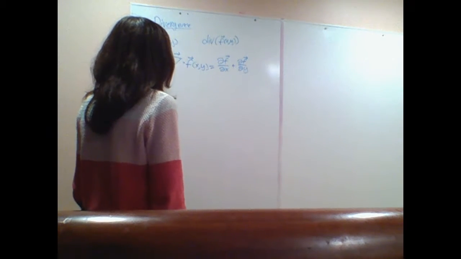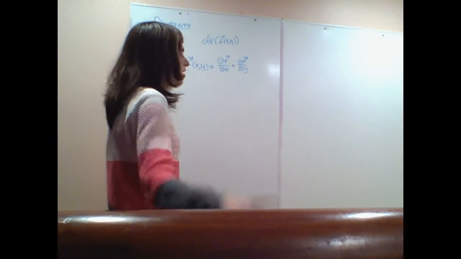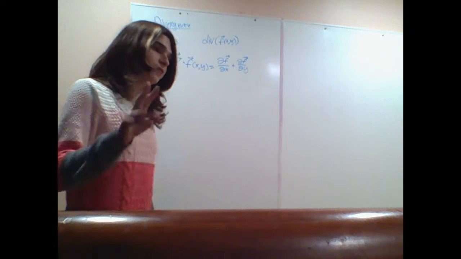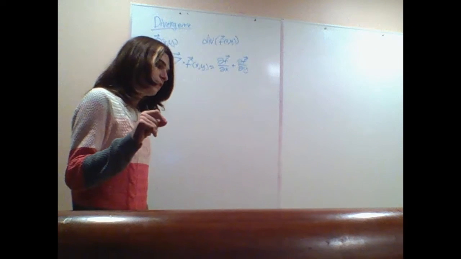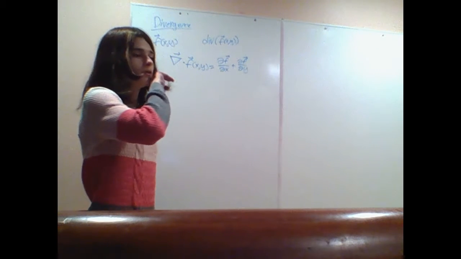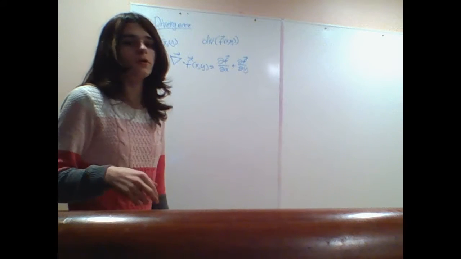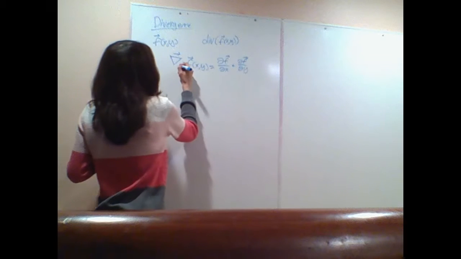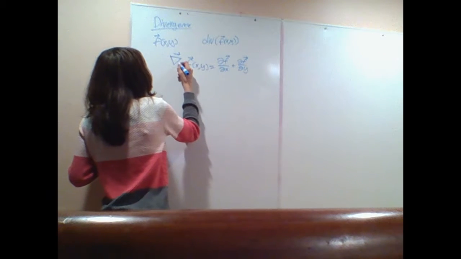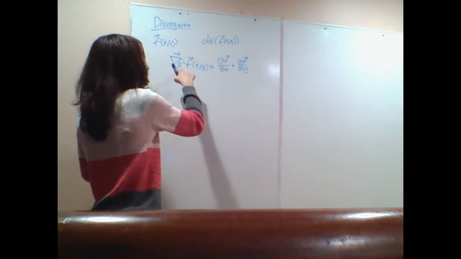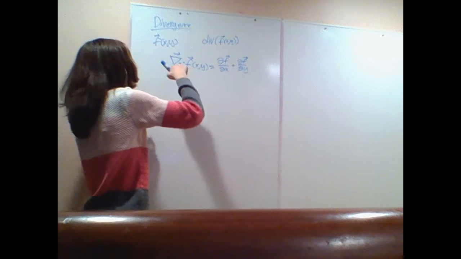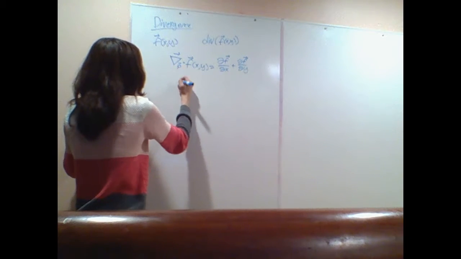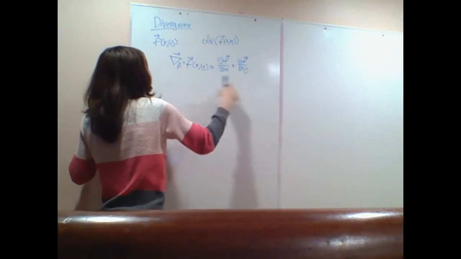And there was something I forgot to mention. Before we move on, there was something I forgot to mention in the video on the del operator and the video on the Jacobian operator. You can write a little vector down here in subscript to denote the position at which this is evaluated.